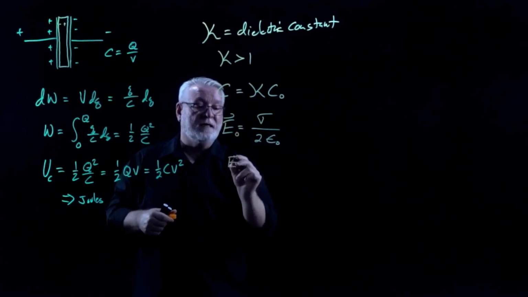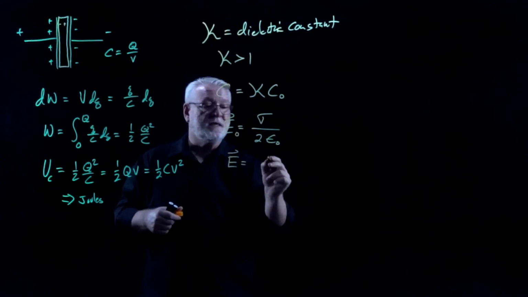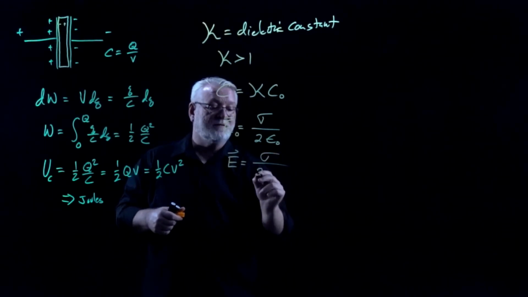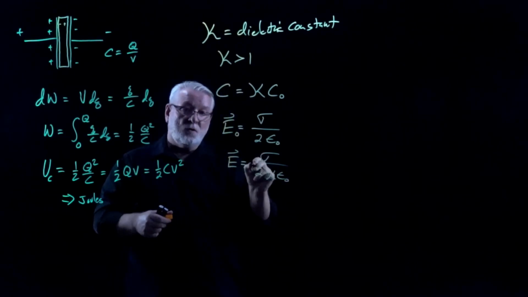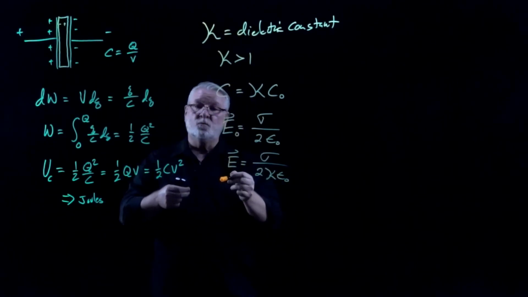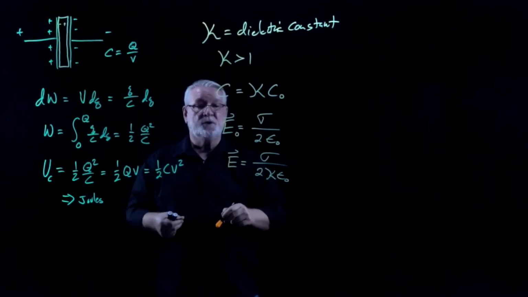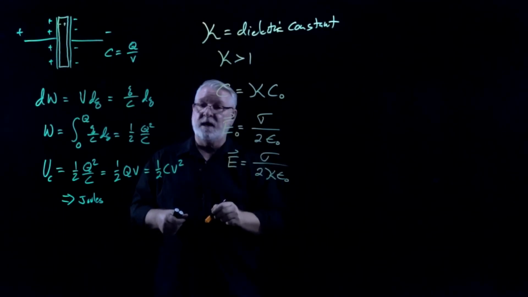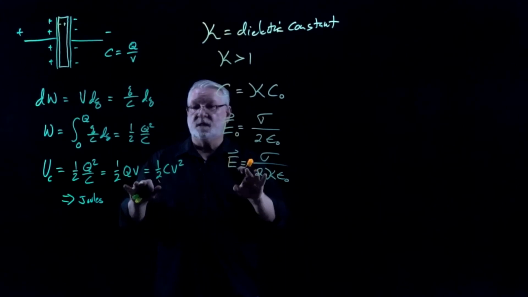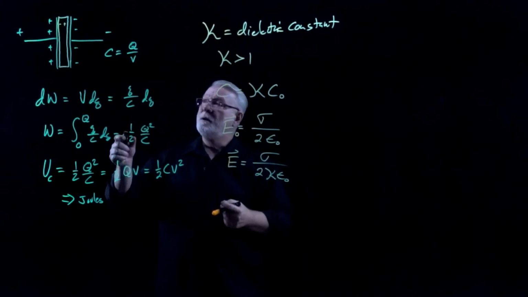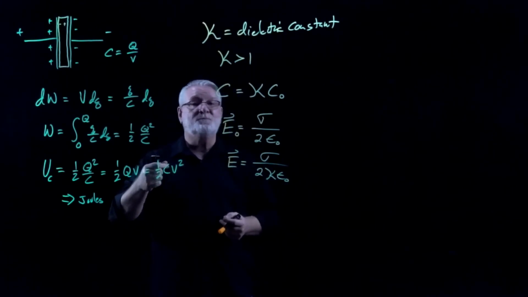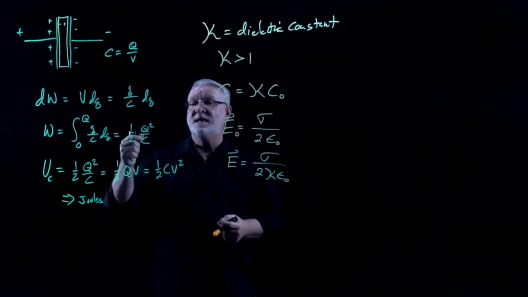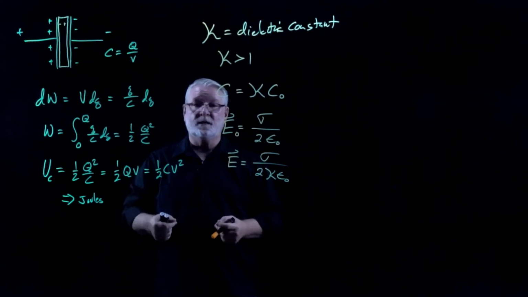In order to find E, the electric field with the dielectric, it'll be sigma divided by 2 kappa E naught. You'll notice that kappa always hangs around E naught, and there's another interpretation for how we can take kappa into account in all of these electrical problems, and that is, all inserting the dielectric does is it changes the permittivity of free space in the space between the plates of the capacitor.